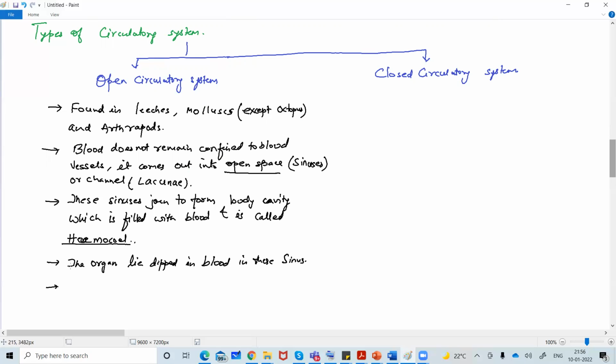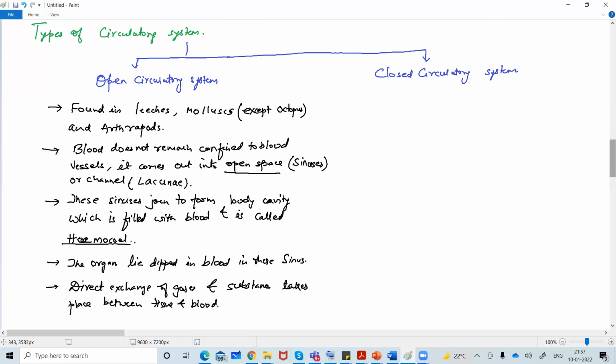It's not indirect. There is no one in between the blood and the open space. So the next and last point, direct exchange of gases and substances takes place between tissue and blood.